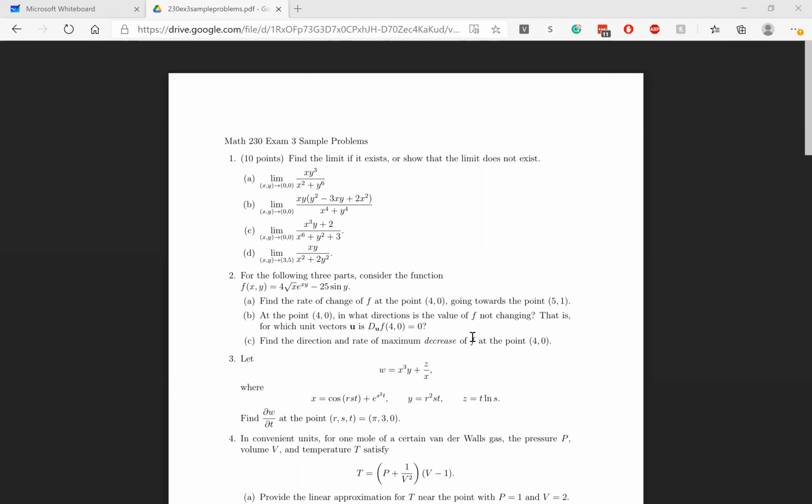So the first couple of questions they ask us, first, to find the limit if it exists, or show the limit does not exist.